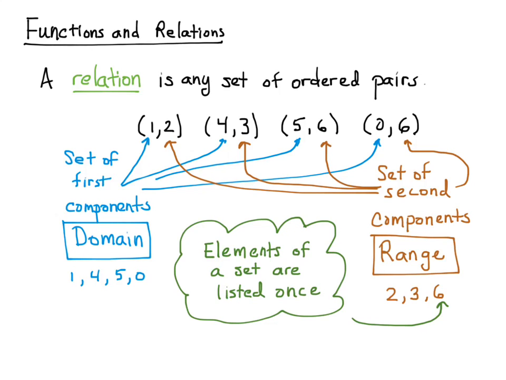One of the things that you'll notice is that the elements of a set are just listed once. Imagine you're in a grocery store looking at certain products and prices. A can of tomato soup has a certain price. Then in a different aisle you find a loaf of bread, and it has a price. Or you'll find different variations of the same product that all have the same price.